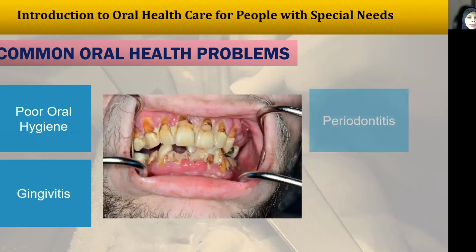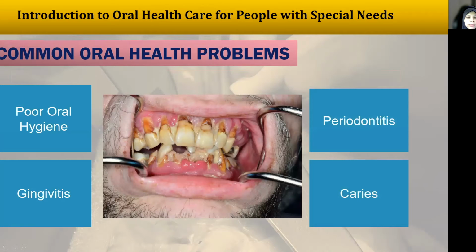Okay, this is probably nothing new to you. You may be familiar with this: gingivitis, periodontitis, caries. These are the common oral health problems faced by people with disabilities. The main reason is that they are not able to perform oral hygiene care by themselves. They depend on others to do it for them.